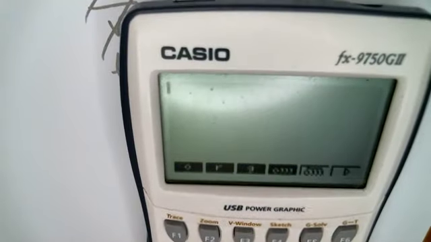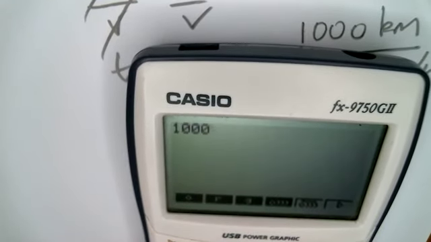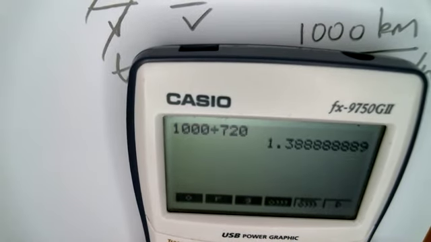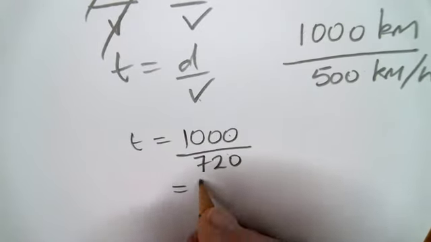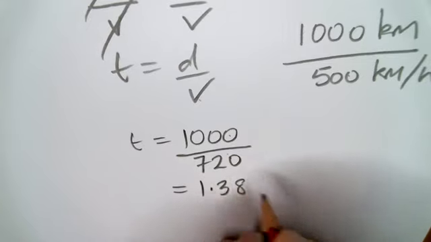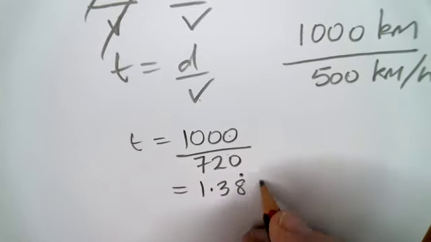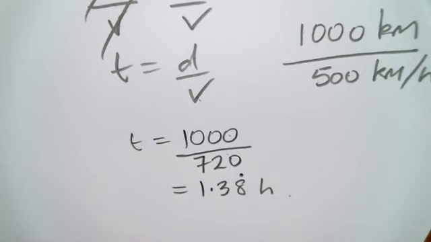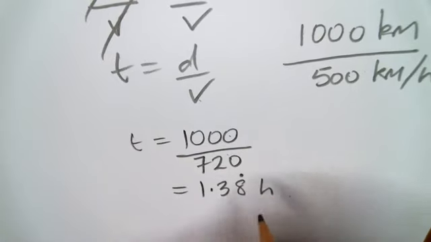We've got 1,000 divided by 720. It's 1.38 recurring hours. I won't worry too much about the hours, minutes and seconds here. We could work it out, but we won't worry about it because we've got another problem.